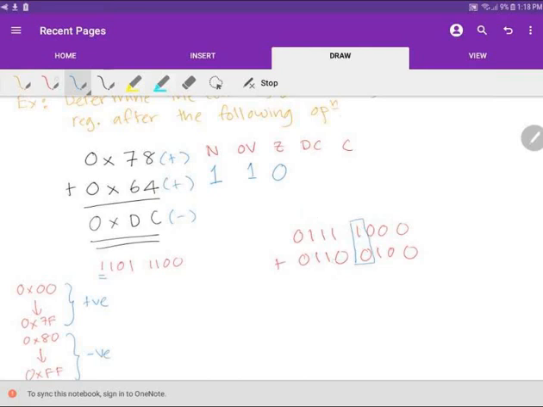So do we have a carry out? Why this 4th order? Because remember that each 4 bits represents 1 hex digit, right? So from the 4th low order bit, if there is a carry, that carry is known as digit carry. Which means when you add these 2 hex numbers, do you have a digit carry? You don't. If you do it in binary also, you see there's no digit carry.